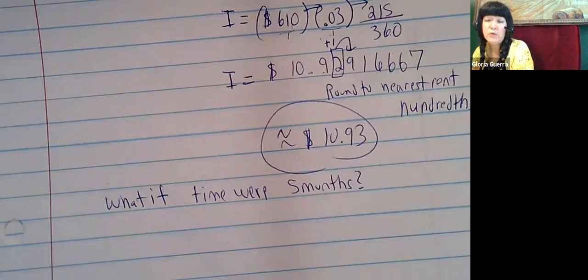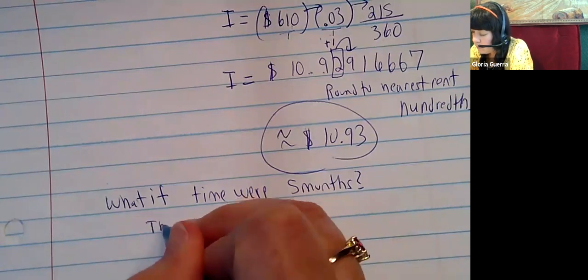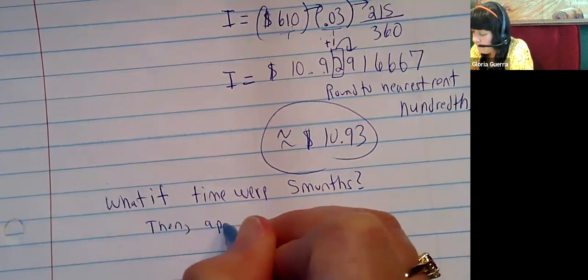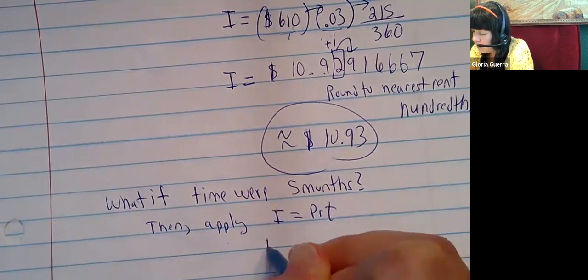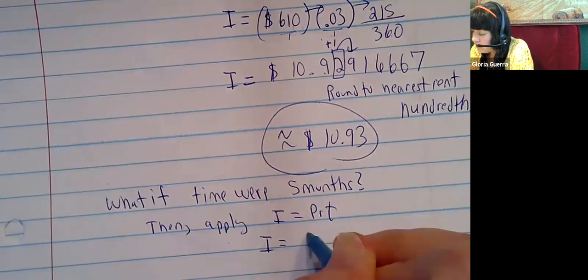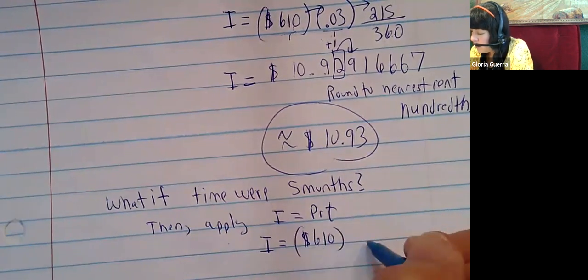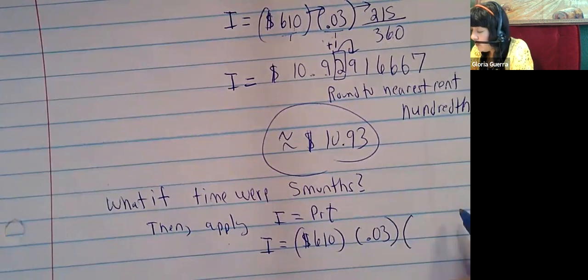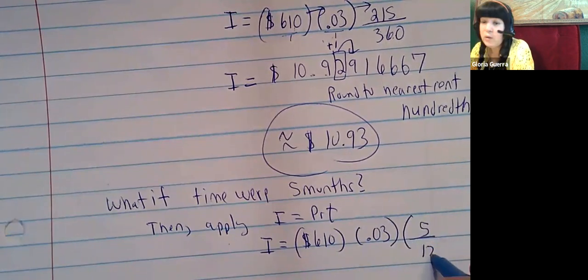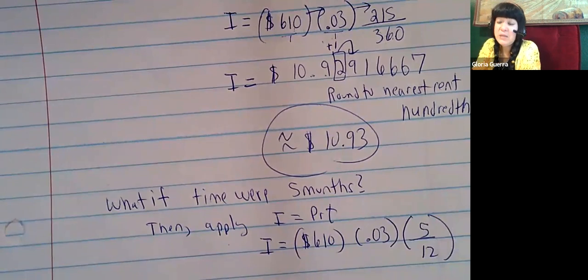If you just put times 5, you're actually saying 5 years. You need 5 months. So you need to make it a fraction, 5 over 12. So then you would apply I equals PRT. P is 610. Rate is 0.03. And then time would be 5 out of 12 because it's 5 months.